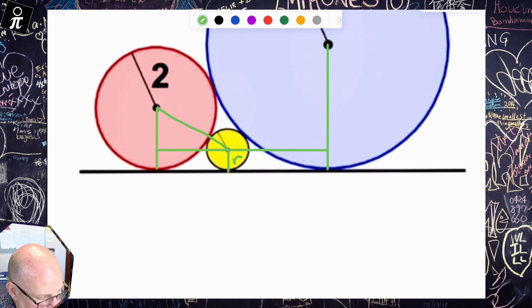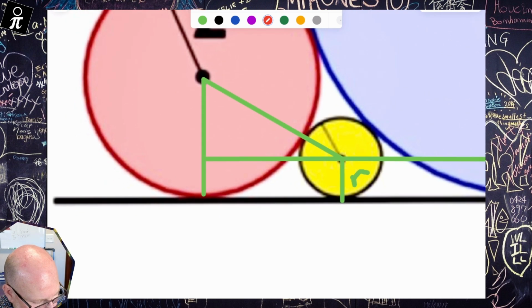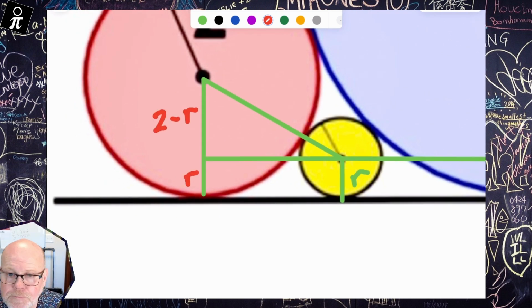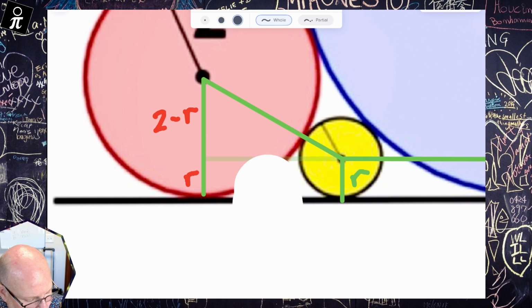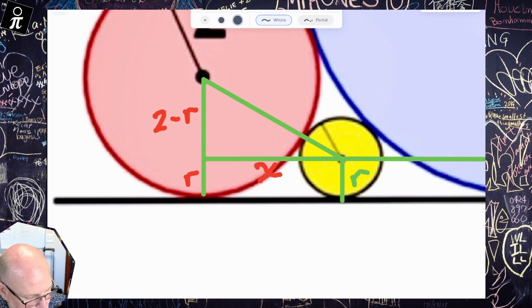There is one right triangle, and we know the lengths. So if this length down here is r, that means this length here is 2 minus r. We don't know exactly what this length is, so I'm going to do it in black so it's easier to see.